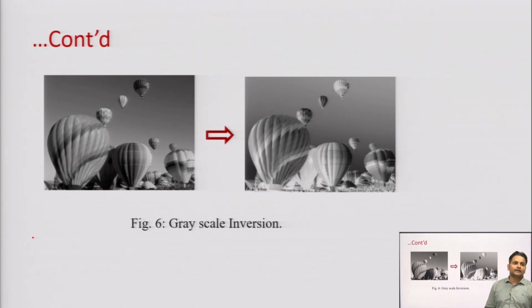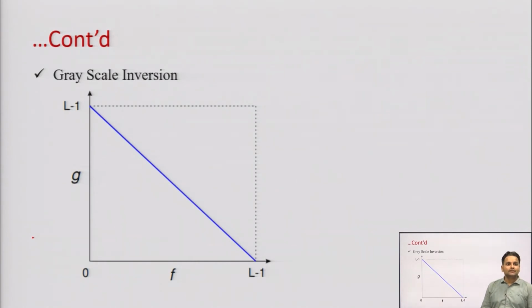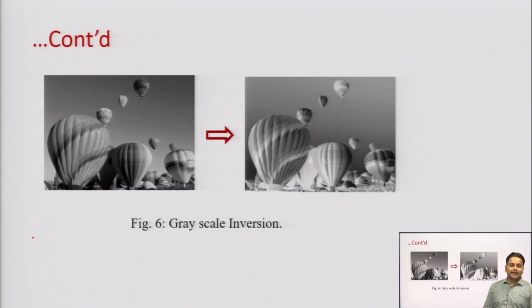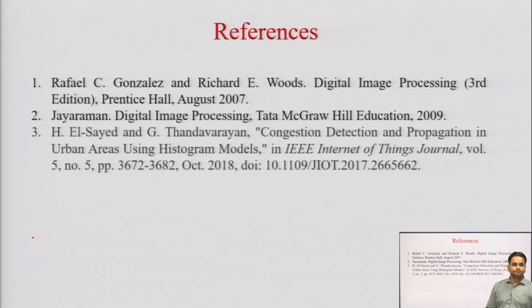That kind of inversion is known as gray scale inversion. Why is it so? Because in this equation, if g is high, then f is low, and when f is high, then g is low. That phenomenon converts the gray scale, right.